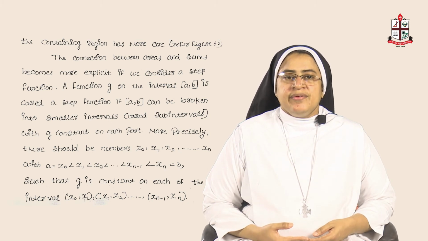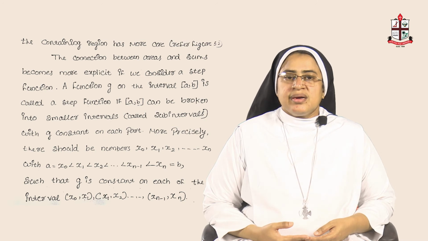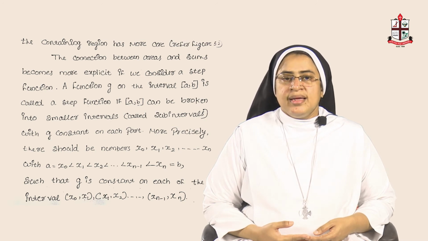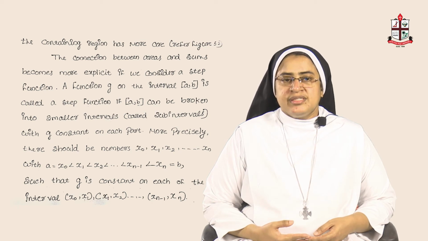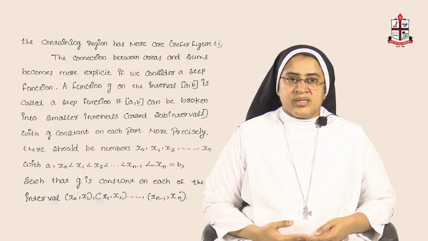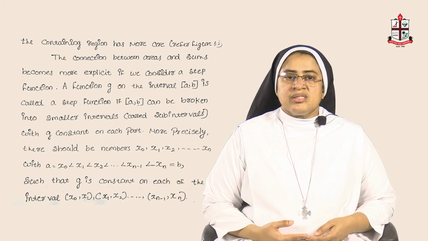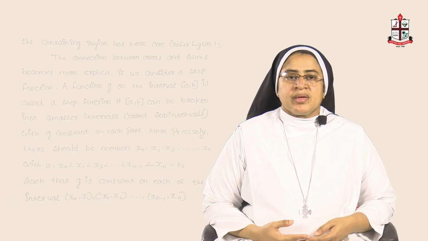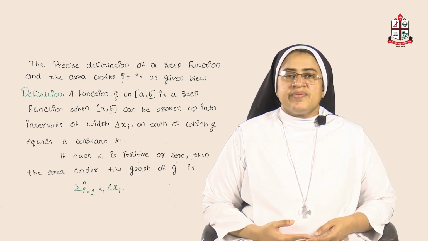More precisely, there should be numbers x0, x1, x2, etc., xn with a equals x0 less than x1 less than x2, etc., less than xn minus 1 less than xn equals b, such that the value of the function g is a constant in each of the intervals. First interval will be x0, x1, the next interval x1, x2, next one x2, x3, etc., the last one xn minus 1, xn. The precise definition of a step function and the area under it is given as below.